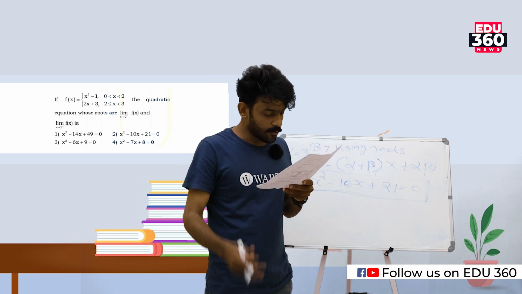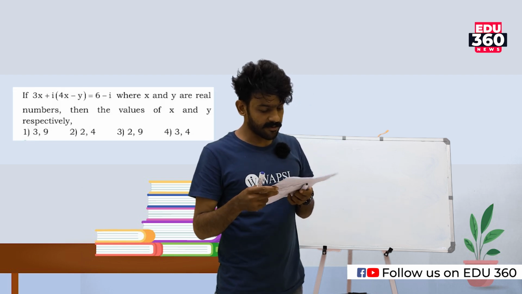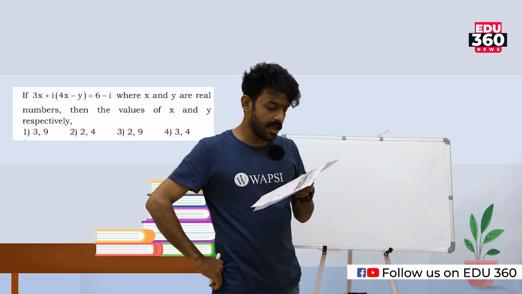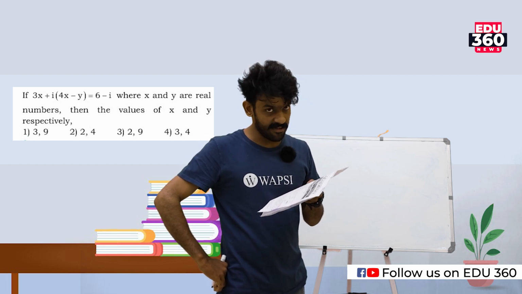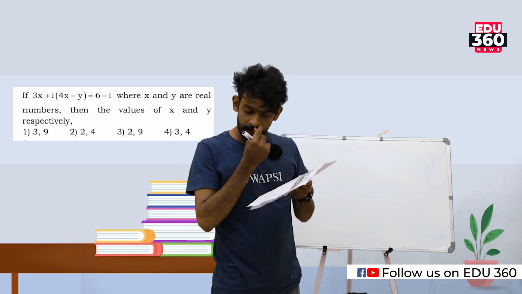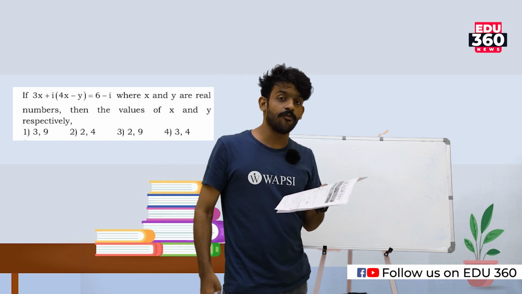That means for this question, option B is the correct answer. Now we can move to the third question. Given that (3x plus i) into (4x minus y) is equal to 6 minus i, where x and y are real numbers, find the values of x and y respectively.